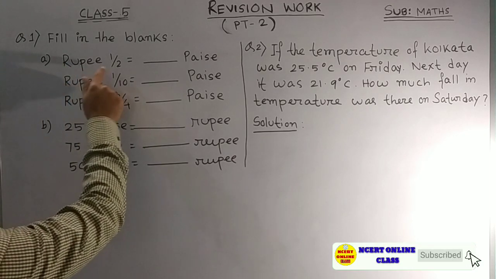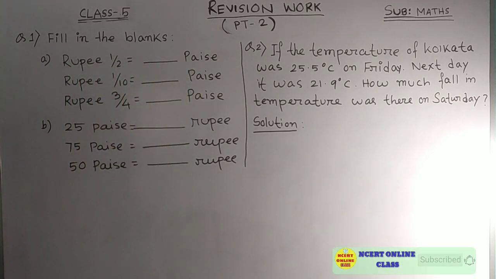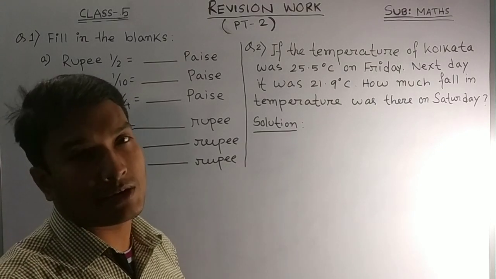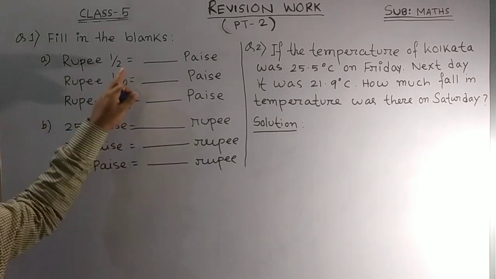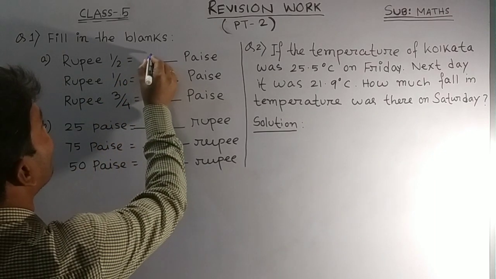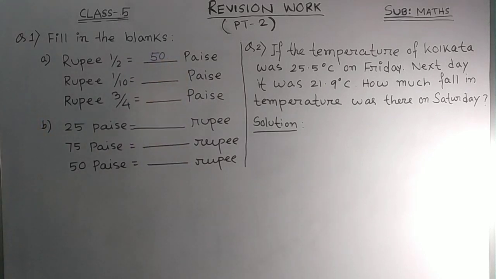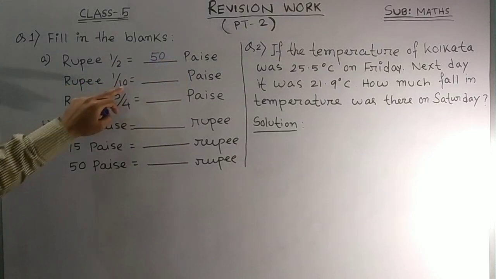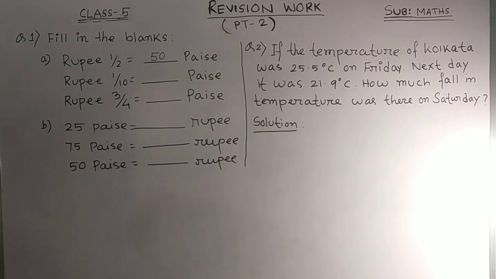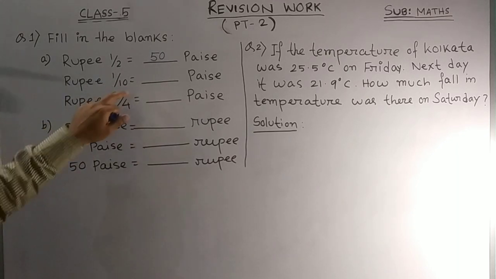First question, rupee half, that means dash paise. You know that 1 rupee means 100 paise, so half means it will be 50 paise. Then rupee 1 by 10, actually this is related to the fraction 1 by 10.